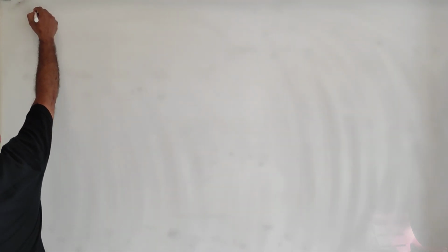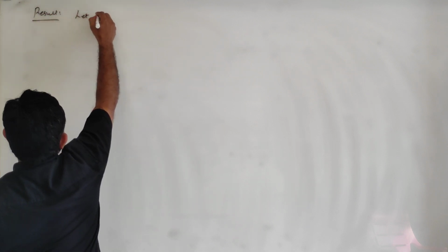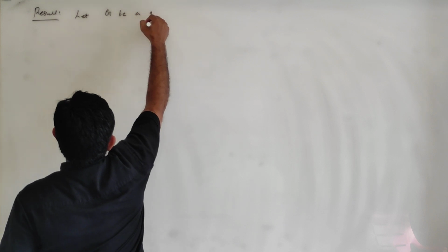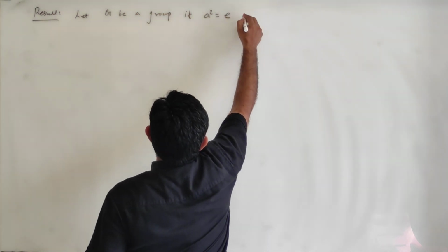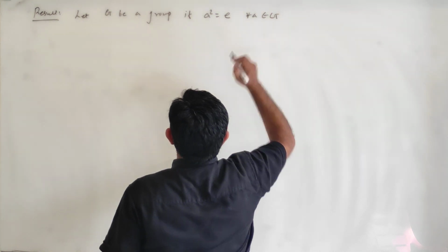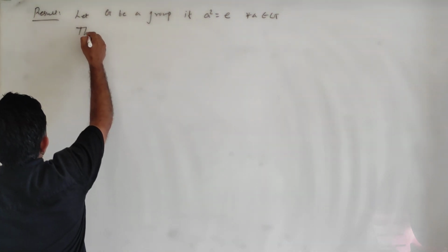Okay, now let us see one more. Next result, let G be a group. If a square is equal to identity for all a belongs to G, then G is abelian.